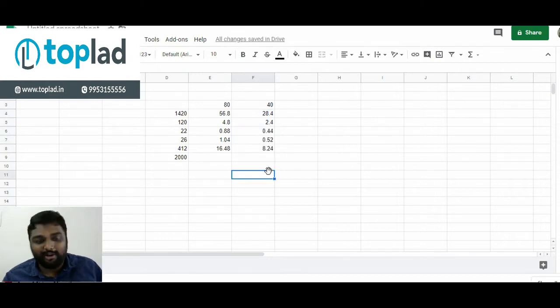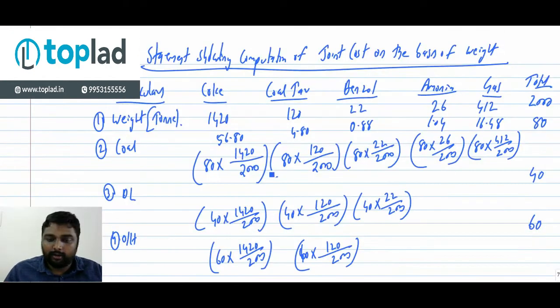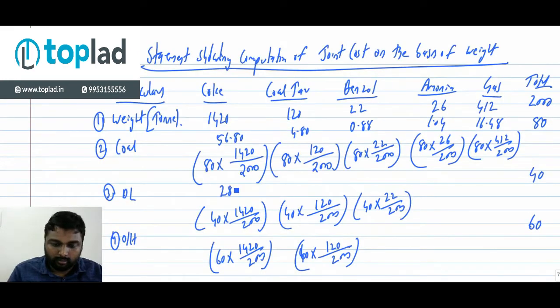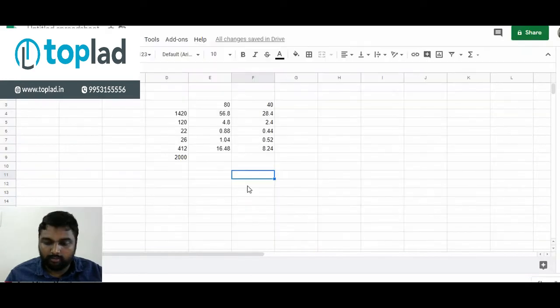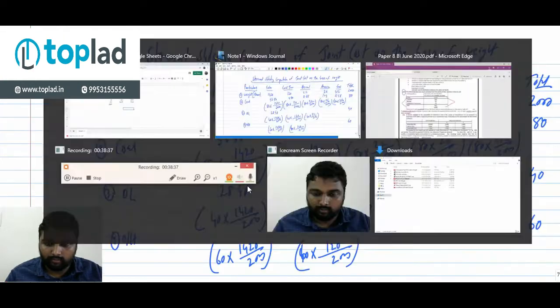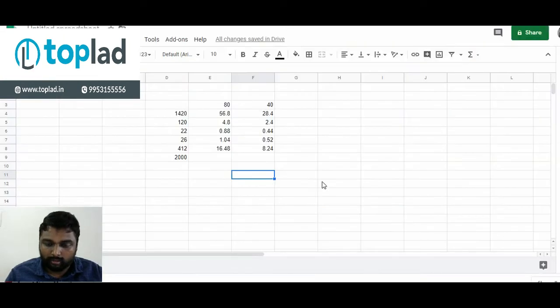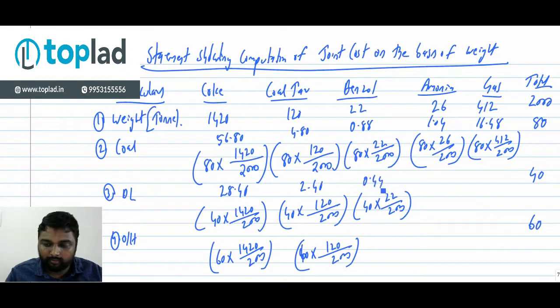You should know Excel also, so that our calculation will be easy.